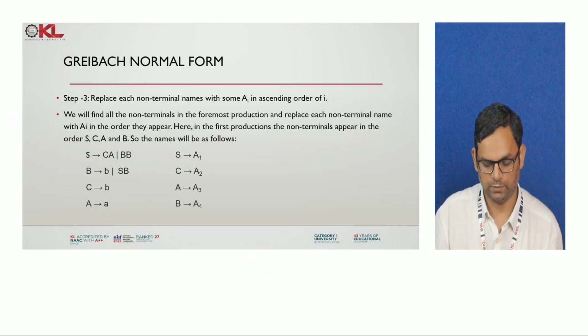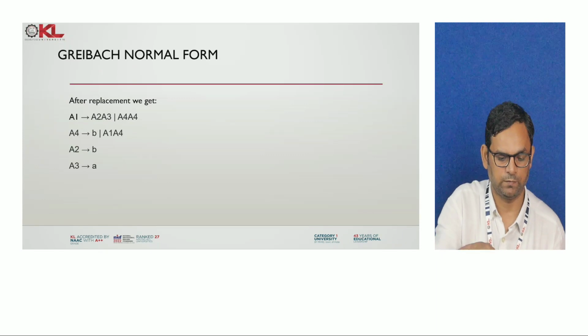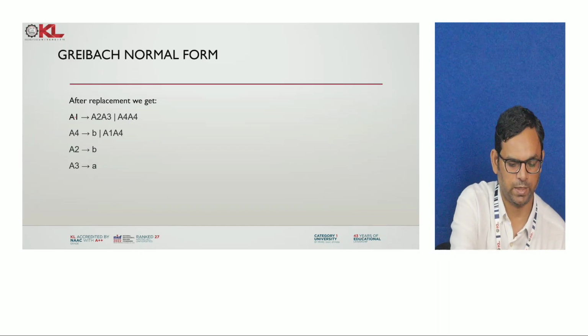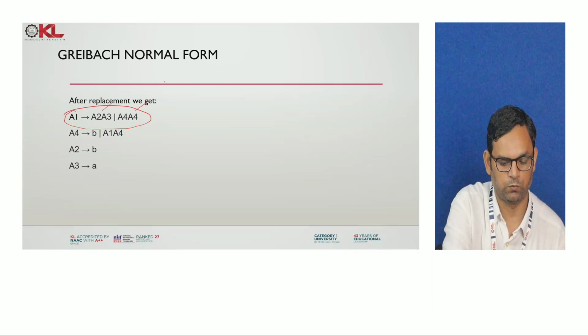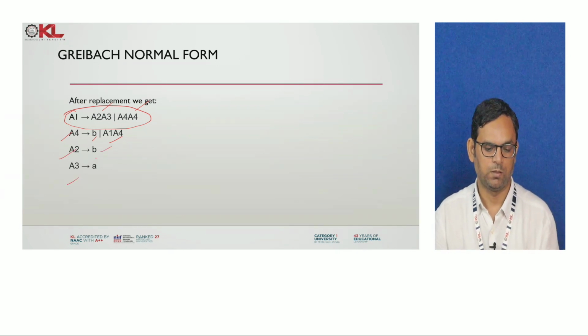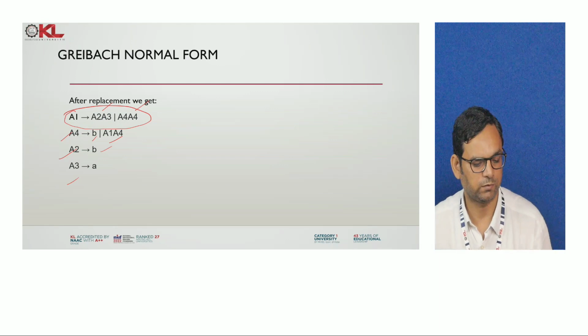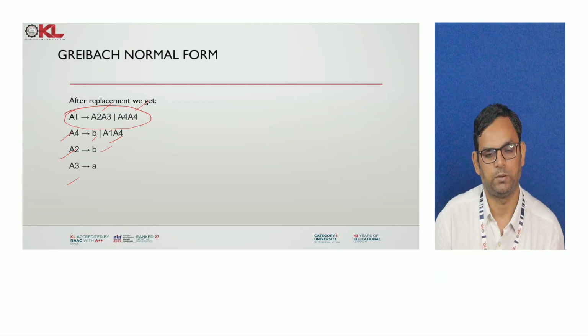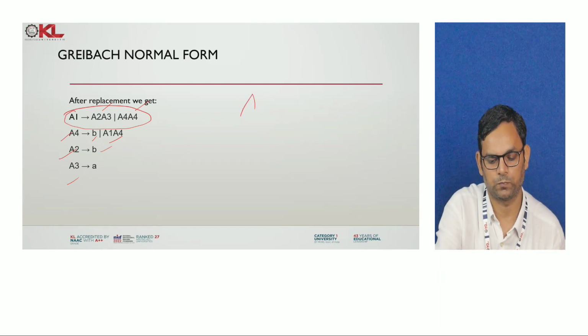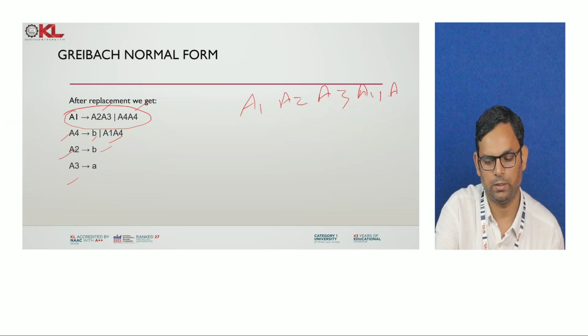After replacing, the new grammar is A1 derives A2 A3, A4 A4, and A4 derives b or A1 A4, A2 derives A4 and A3 derives a. What we have done here is just replace every non-terminal with the symbols A1, A2, A3, A4 and so on.